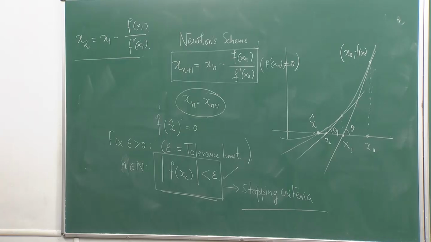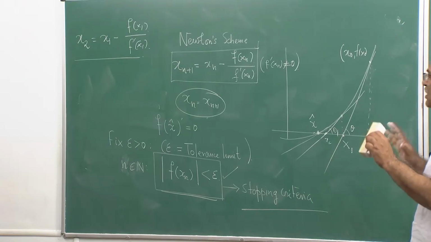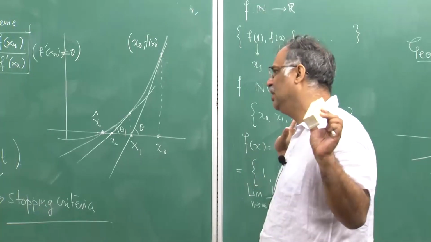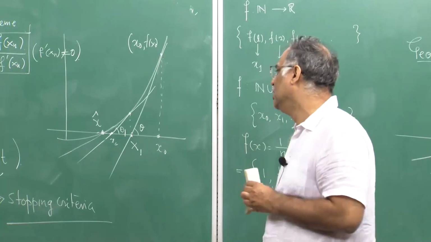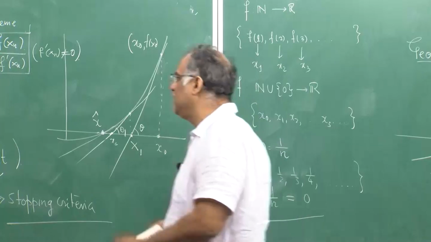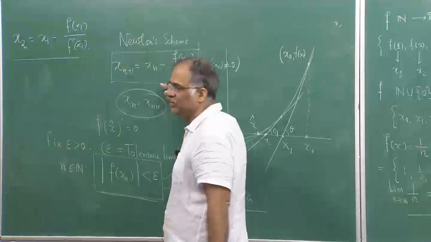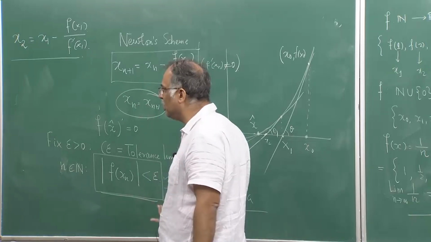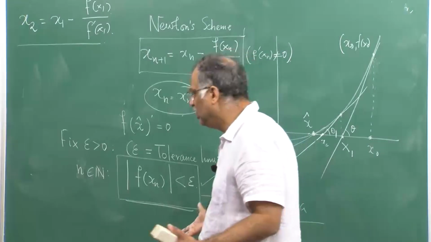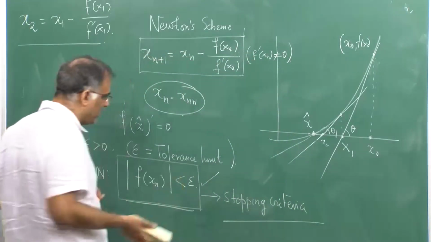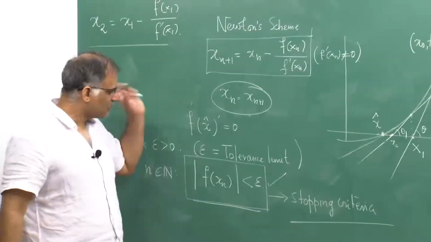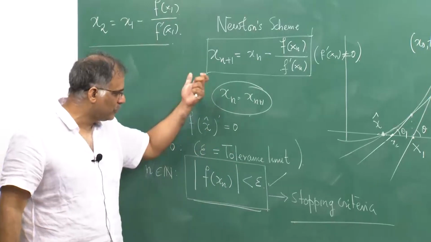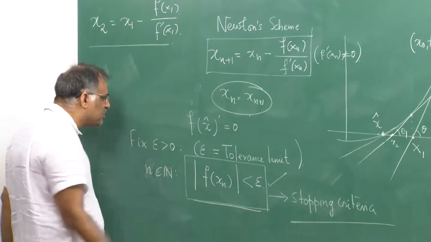So what I would do, I would stop somewhere and take a rational approximation as my happy solution, because what I would ultimately get is some xn plus 1 which I represent through a decimal, and I will be happy to just have a rational approximation of the actual solution. So that would suffice for me.